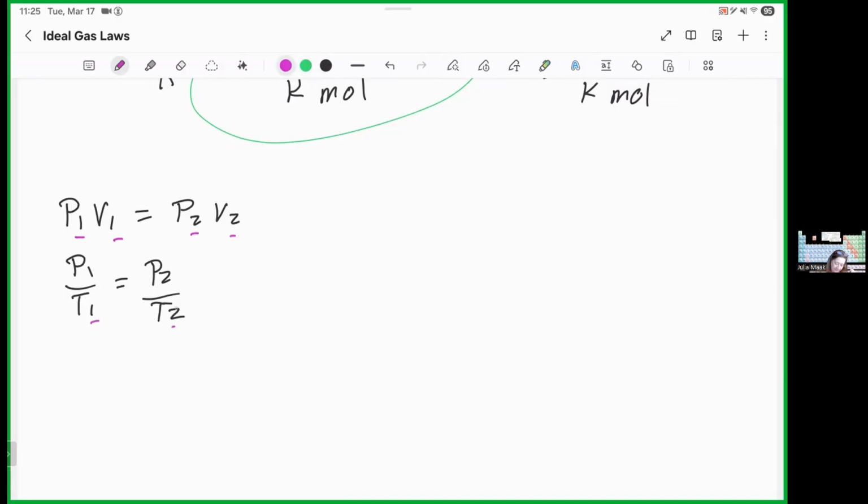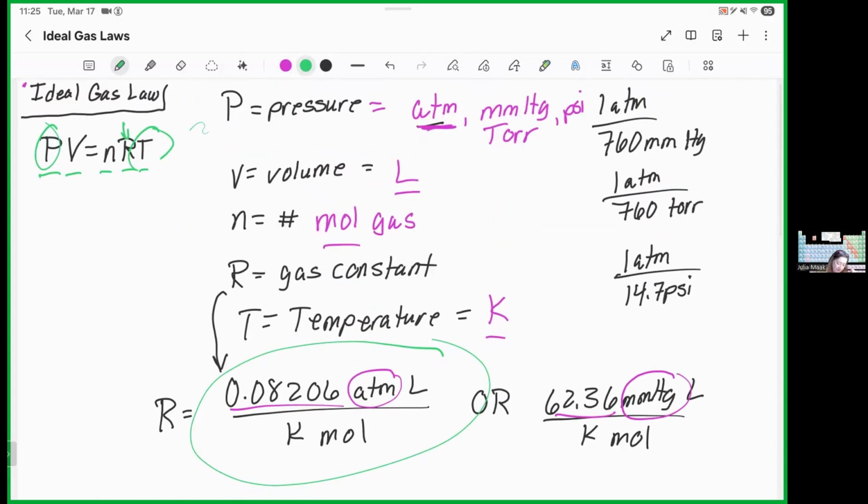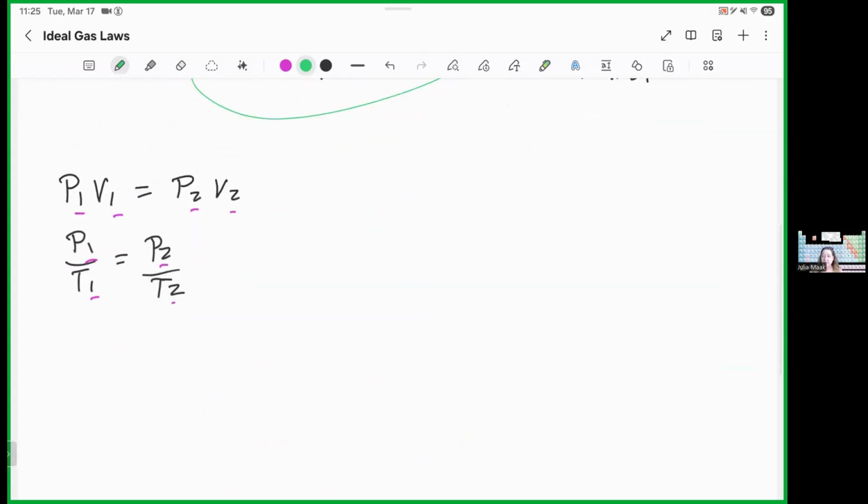When we're using the ideal gas law, there's only 1 of anything. There's not 2 of anything. So that's how you'll know when you get gas law problems. If I've only been given 1 piece of information, 1 of each thing, 1 pressure, 1 volume, 1 temperature, then I absolutely know I'm using the ideal gas law and not one of these other laws. You're going to hear me reference that a lot during this video.